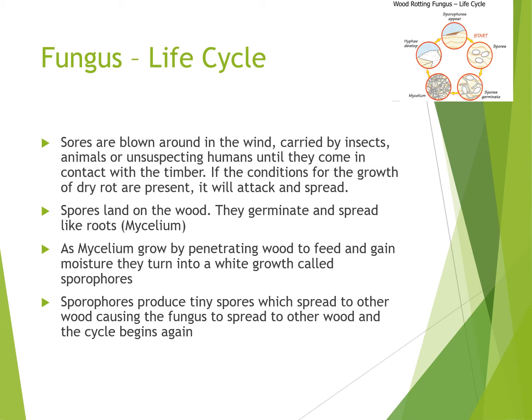These can sometimes look like little holes on the wood. They turn into a white growth called sporophores. The sporophores produce tiny spores which spread to other wood, causing the fungus to spread and the cycle to begin again. Now you need to know this process and what happens. You may need to use it in an exam. Don't get too bogged down in the terminology.